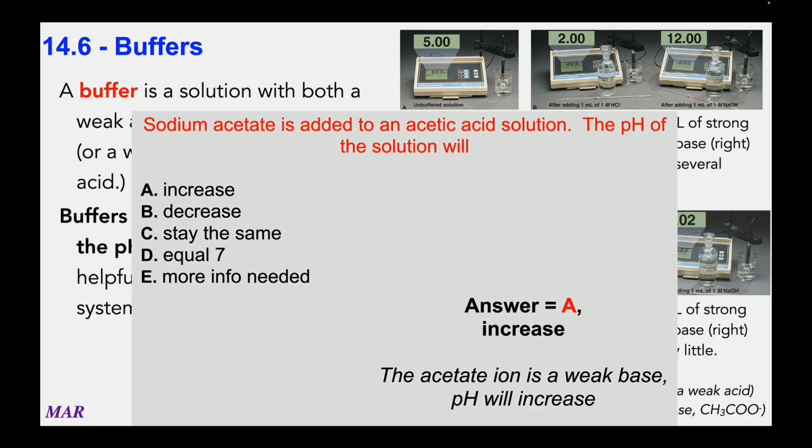If you look at the pictures in the upper right-hand corner, we added an acid, pH went down to 2.0. We added the base on the right, pH went up to 12.00. And even in the buffer solution, the pH changed a little bit too. Bases made it go up, acids made it go down. It might be 0.000001 pH units, but it will go up or down, because acids make pH go down, bases make pH go up.